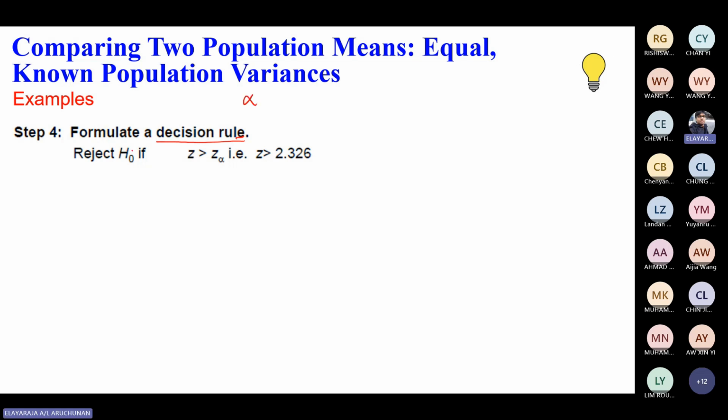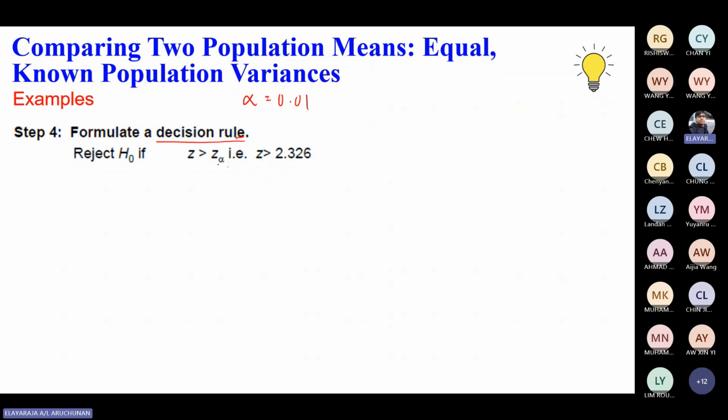Alpha is 0.01. So if the z value is greater than the critical value, in the critical region, then we have to reject the null hypothesis.